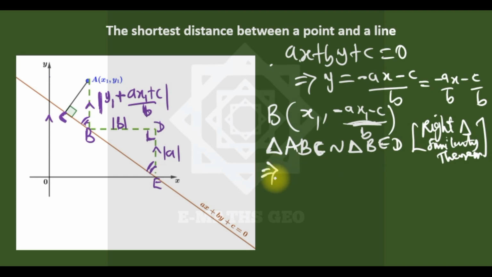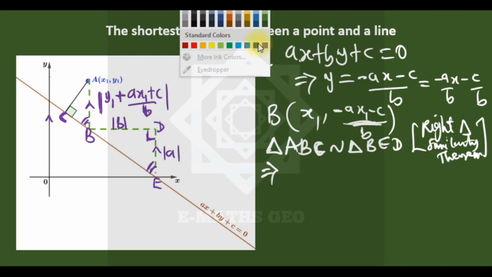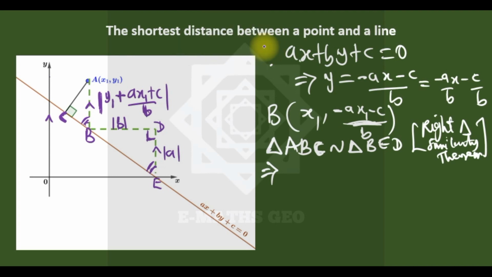So which implies that the ratio of their sides must be proportional, the corresponding sides. So if we call the distance we are looking for, AC, let's call it D. So we see that D corresponds to BD.